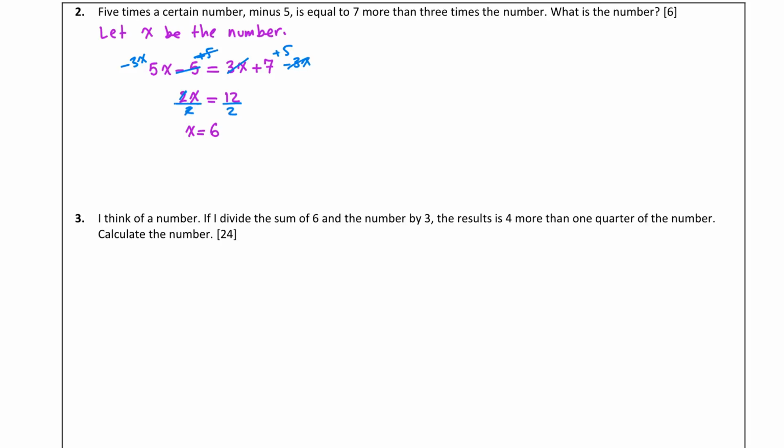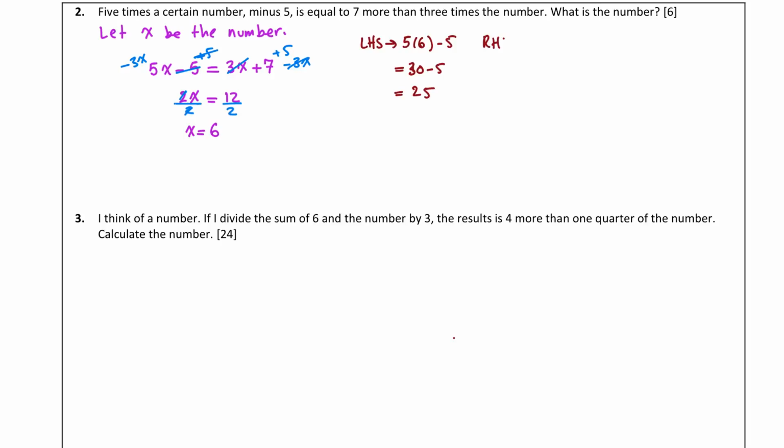To check to see if my solution works or not, I know that my left-hand side is equal to 5 times my number, which is 6, minus 5, and that is equal to 30 minus 5, which is equal to 25.